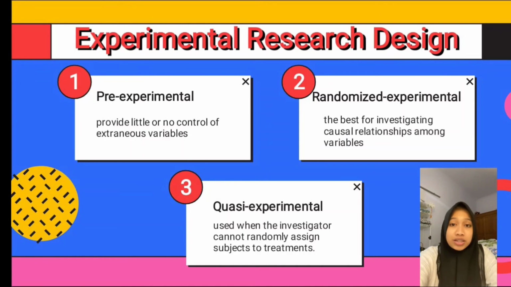Randomized experimental designs are the best for investigating causal relationships among variables because they require random assignment of subjects to levels of the independent variable. And the last is quasi-experimental. Quasi-experimental designs are used when the investigator cannot randomly assign subjects to the treatments.